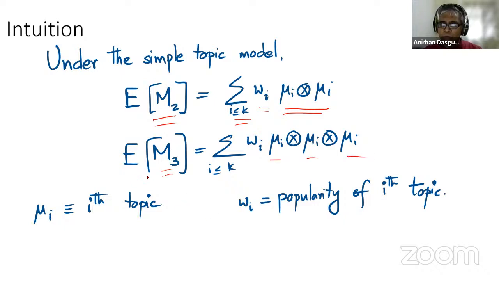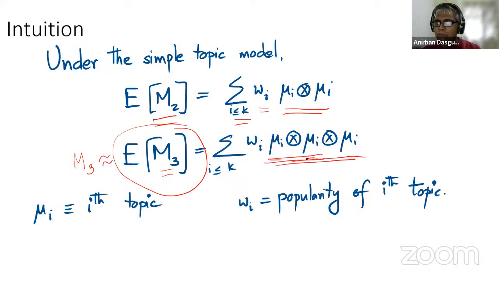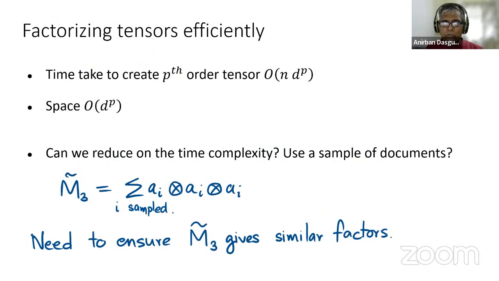Therefore, you don't really have this expectation M3, but you have the M3 calculated from the data, right? And if you factorize this, you will get some idea of what these mu(i)s are. And this is where the uniqueness of the tensor factorization comes into play, so that you really get the actual mu(i)s. Anyway, we'll not go into too much detail of that.